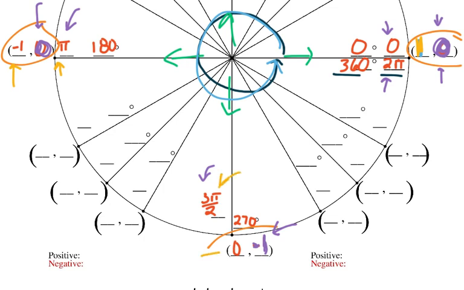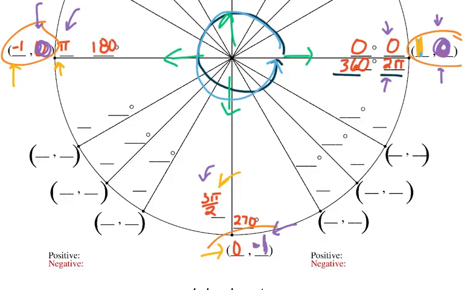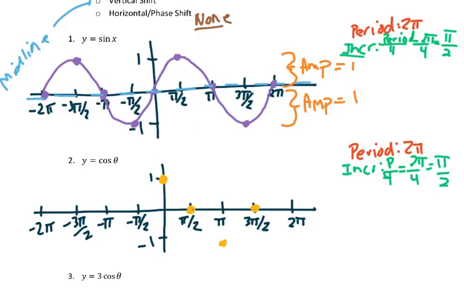At 3 pi over 2, it's at 0. And at 2 pi, it's at 1. So let's connect these points. So here's our cosine graph.